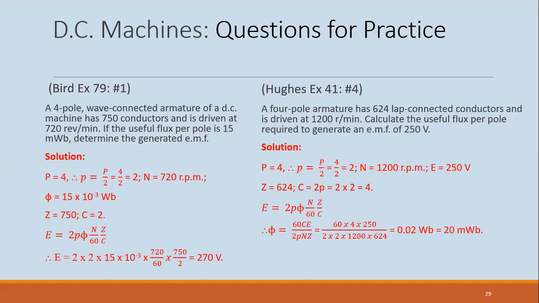All right, so let me give you a chance to read it, about a minute or so, to read the question. You can start with this one from the Bird textbook. All right, so you'll see that it is a fairly simple problem.